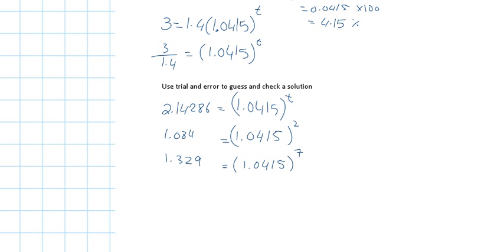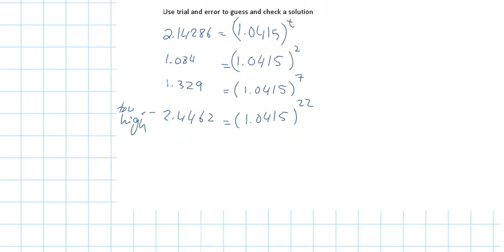I went 22 and it was 2.4462. That's too high, right? Because I want 2.14. So it has to be lower than 22. 20? Okay, let's try 20. 20 was 2.2552. So still lower than 20 because that's still too high.